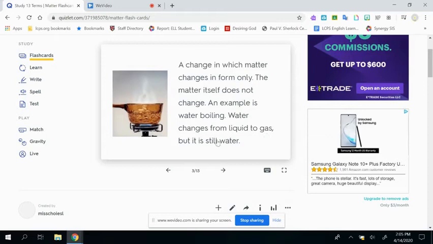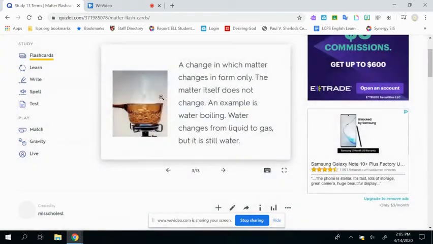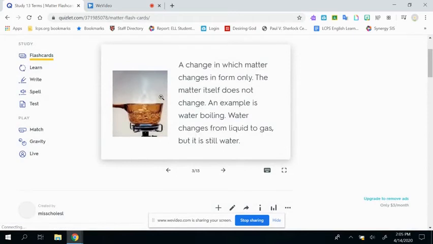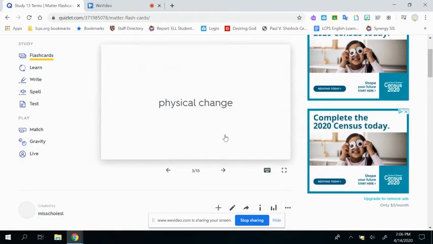Water changes from liquid to gas, but it is still water. I'm going to get into this a little bit later on, but physical change pretty much means that when I boil water, the water still stays water as a gas, right? Or if I put water in the freezer and it becomes ice, that ice is still water, okay? So that's known as a physical change.